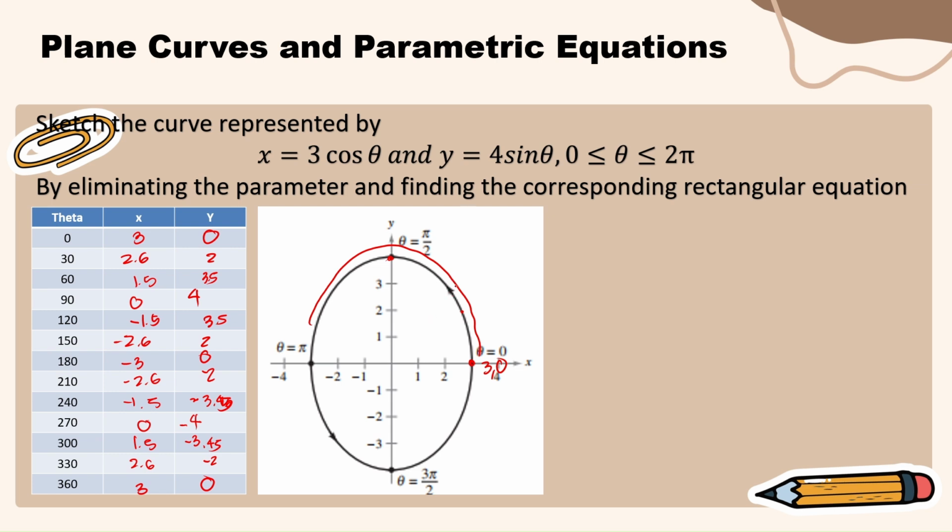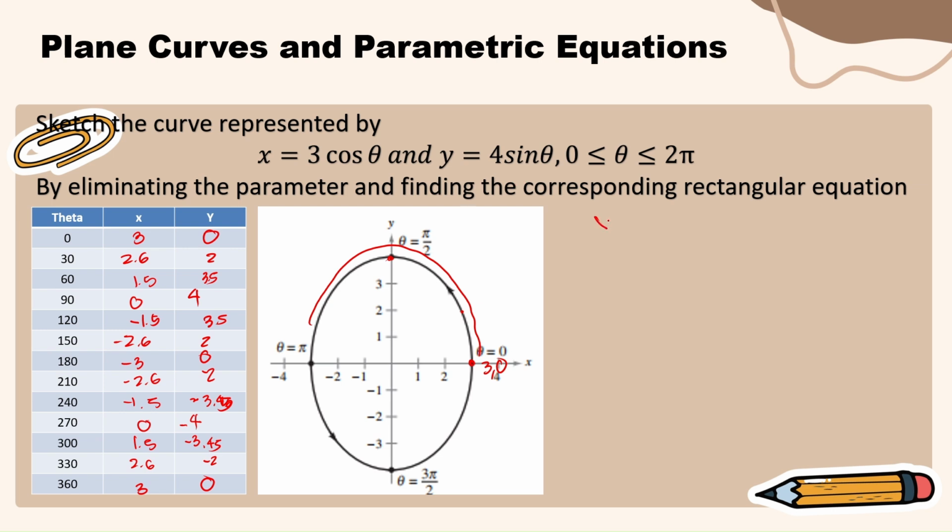So ano kaya yung itsura ng graph ng function? So kung iisipin natin, this is in ellipse form. So nasa form siya ng ellipse. At ano kaya yung formula ng ellipse? Ano yung itsura ng rectangular equation ng ellipse?